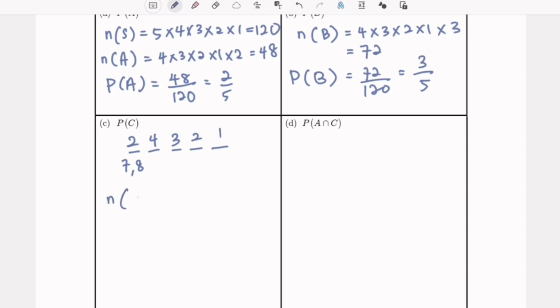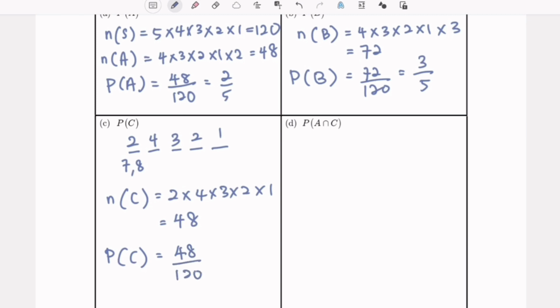So NC will be equal to 2 times 4 times 3 times 2 times 1. That gives you 48. Then PC is equal to 48 over 120, or 2 over 5.